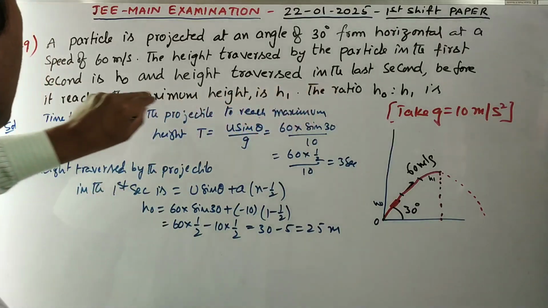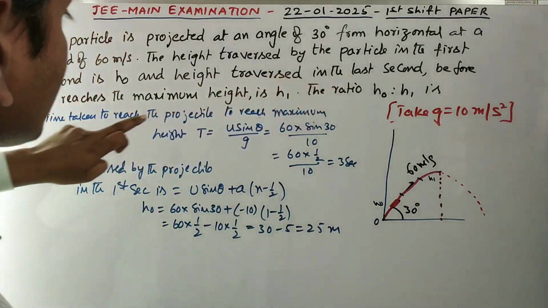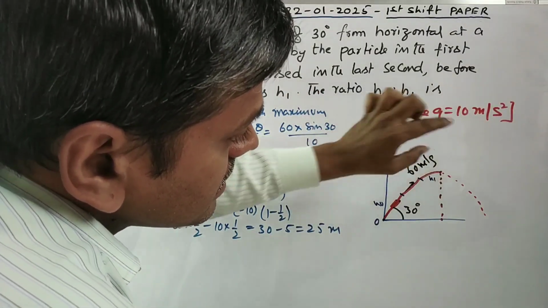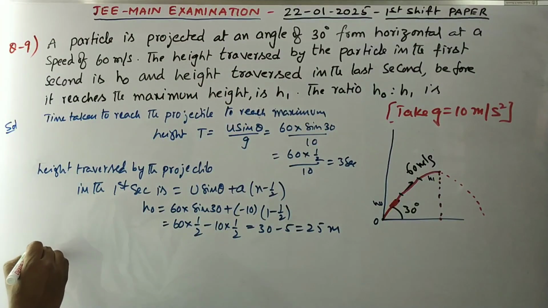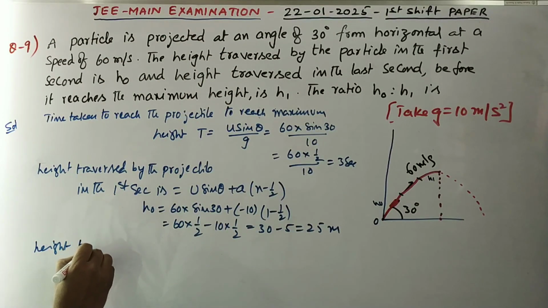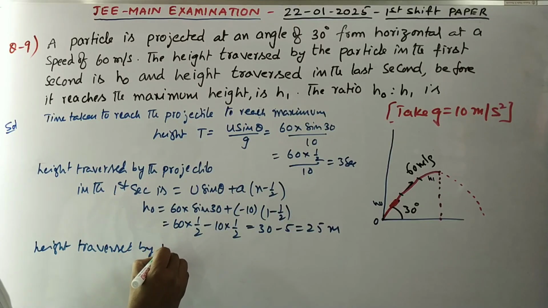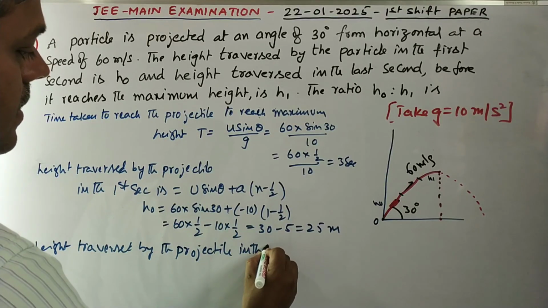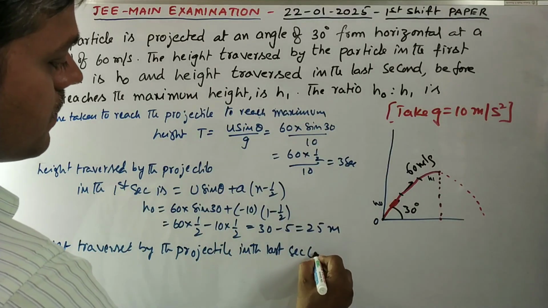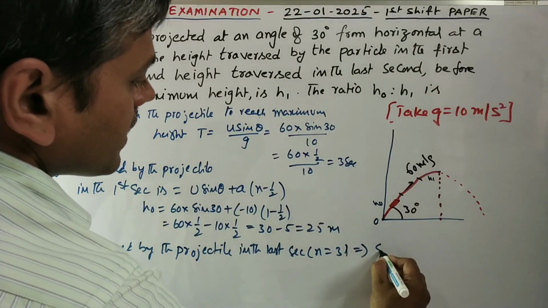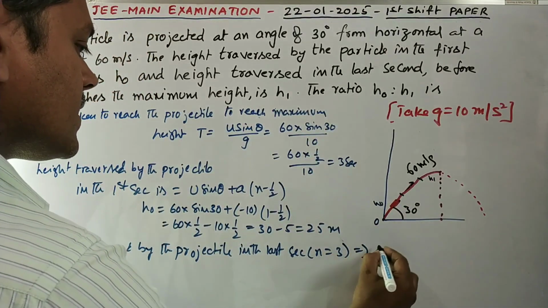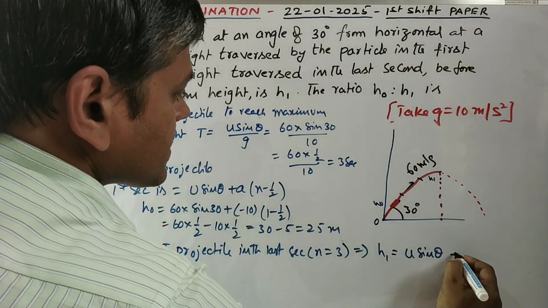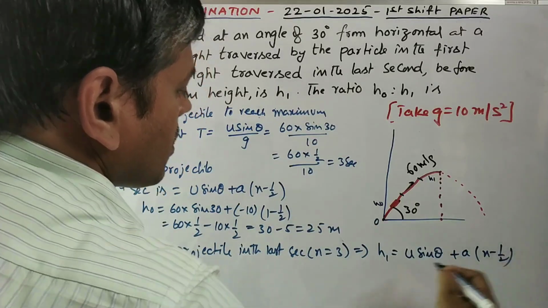Next, the height traversed in the last second before it reaches the maximum height. So what is the time? Third second. In the third second it reaches the maximum height, isn't it? So the height traversed by the projectile in the last second, where n is equal to 3, which is given by h1 equals the same u sine theta plus a into n minus half.